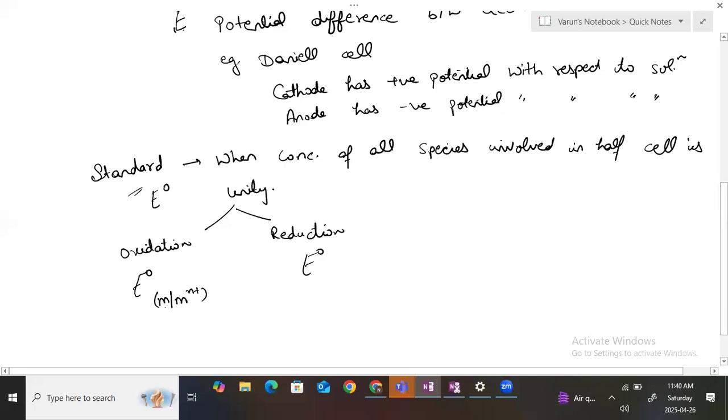It means zinc is getting converted into Zn2 positive. So by seeing this subscript, we can decide whether the standard electrode potential is for reduction or for oxidation. If it is given for reduction, then it will be written like this.